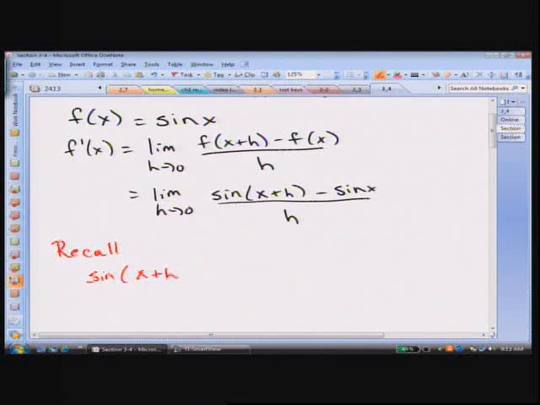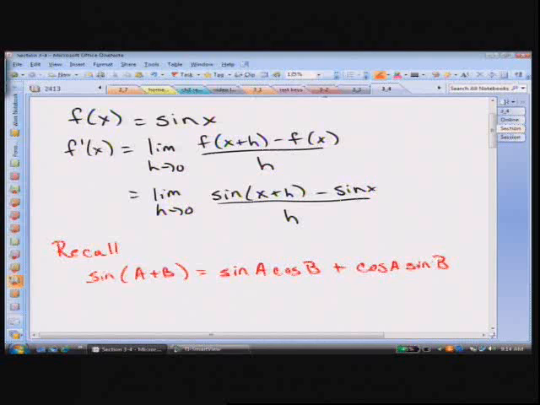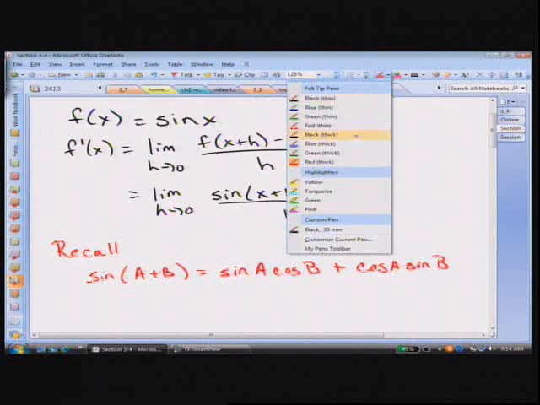The sine of x plus h, or in general, how about the sine of a plus b, is equal to the sine of a, sine, oh, is it sine cosine or sine sine? Do y'all remember? For this, it's sine a cosine b, and then plus cosine a sine b. Is that familiar? Yes? If not, well, it's from a trig class. You can find it.